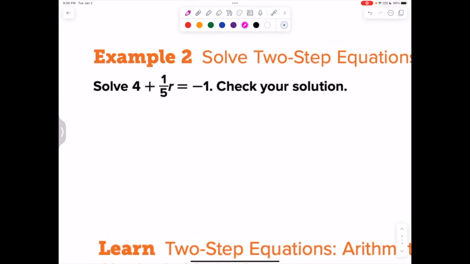Of course, we're introducing fractions now. So draw your line down to separate the two sides. Okay. Now, something I want you to be aware of here is this right here is a positive 1/5 times r. Okay. So don't try to do subtract 1/5 r. The r is already on one side. Okay.